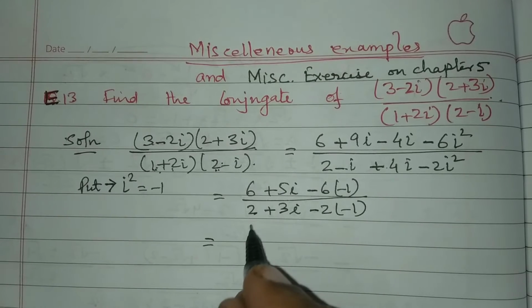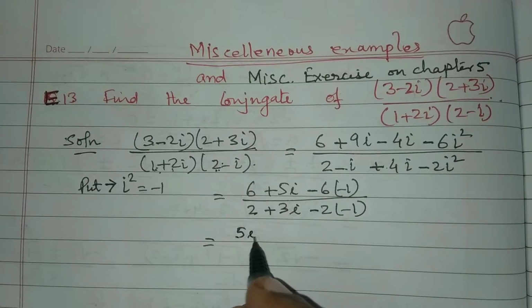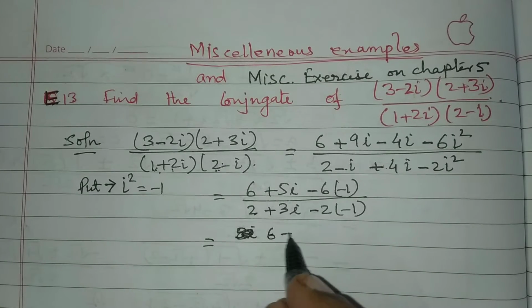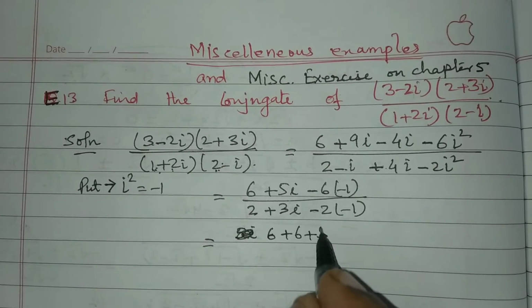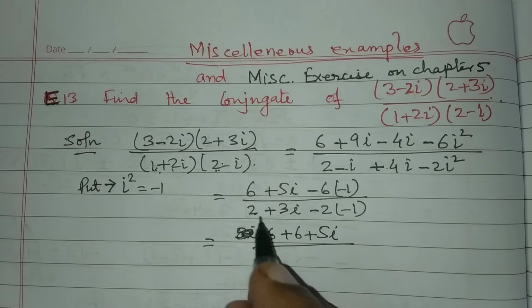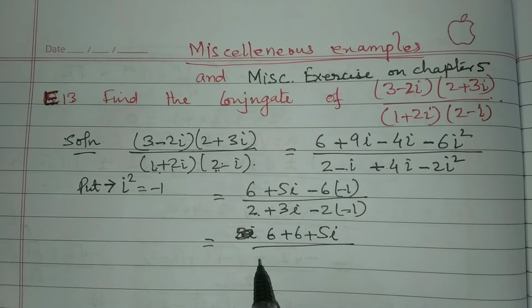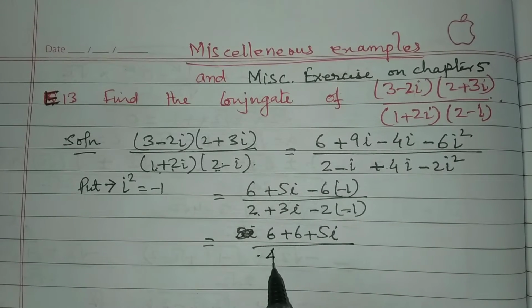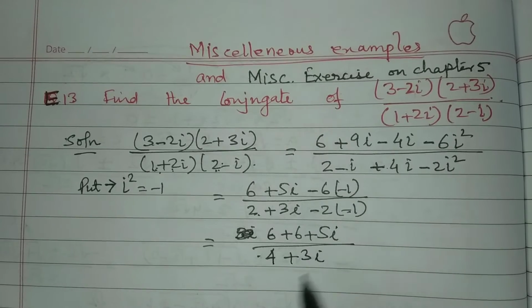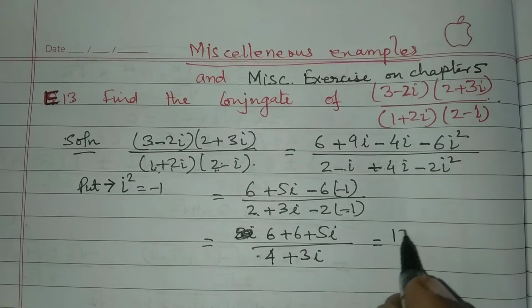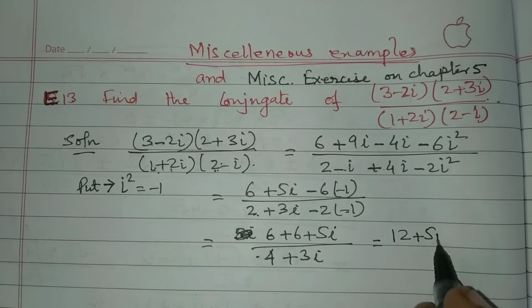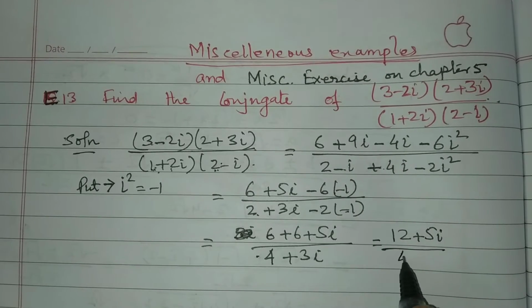So it is 12 plus 5i. Now here 2, and this is minus minus plus, so 2 plus 2, 4 we will write, plus 3i. So this is equal to 12 plus 5i divided by 4 plus 3i.